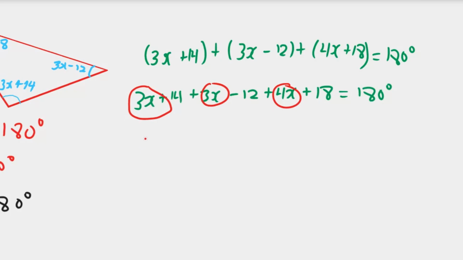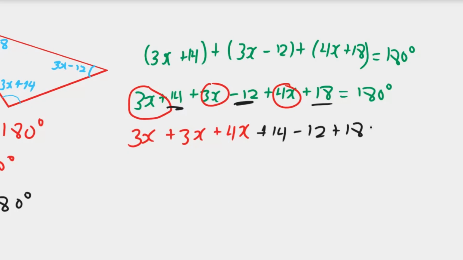So we have 3 times carrying the x, so we can group those. So that's going to be 3x plus another 3x plus 4x. So we come to the numbers. So we have 14, negative 12, and that of 18. So we have plus 14 minus 12 plus 18. So that's equal to 180 degrees.